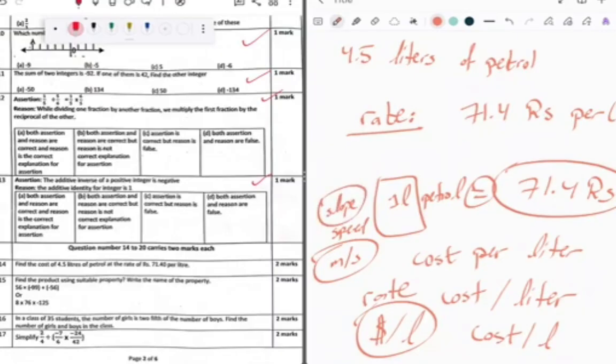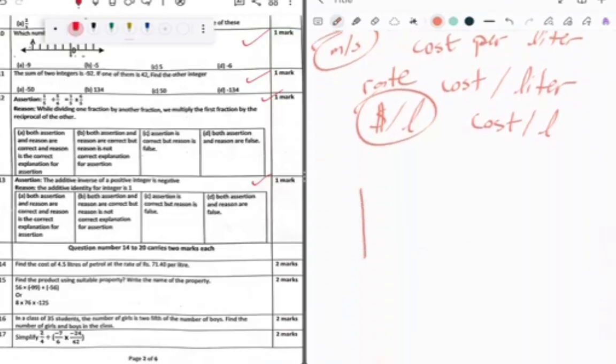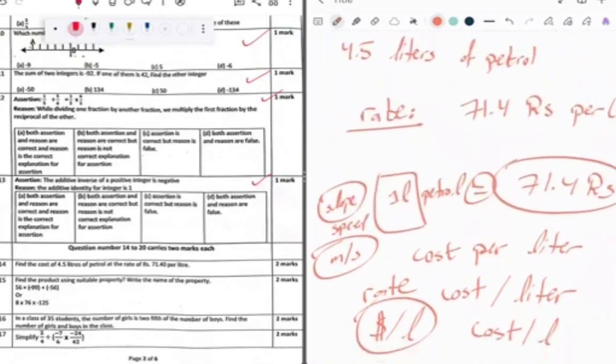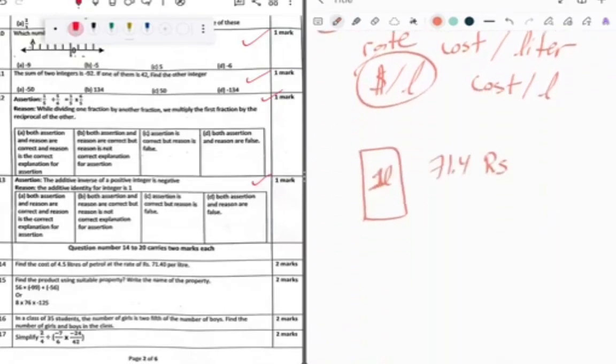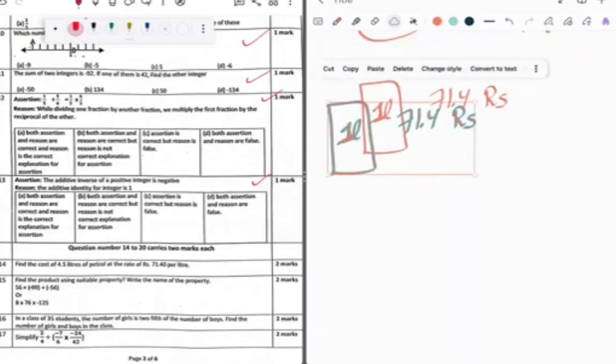Okay, so 1 liter would cost 71.4 rupees. So if I've got 1 liter costing 71.4 Indian rupees, now how much would 4.5 liters of this petrol cost? Can't I just copy paste this one? Copy. Paste.